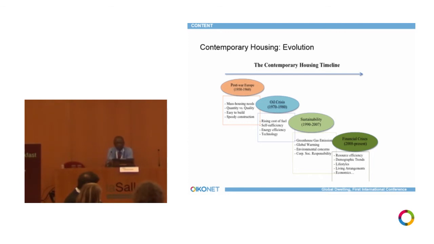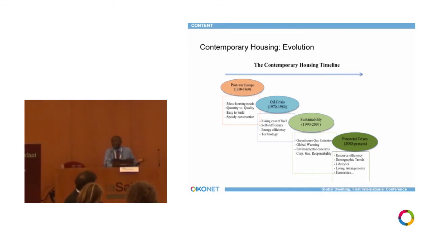It is what is happening now, and probably that is what this timeline is trying to explain, in the sense that in post-war Europe, the pressing issue was to give people houses, because most of the housing stock in Europe was destroyed as a result of the World War. So having quality was not the focus. I was reading that mass housing need was more of an issue. Quantity was much more important compared to quality. So contemporary then would not be contemporary now.